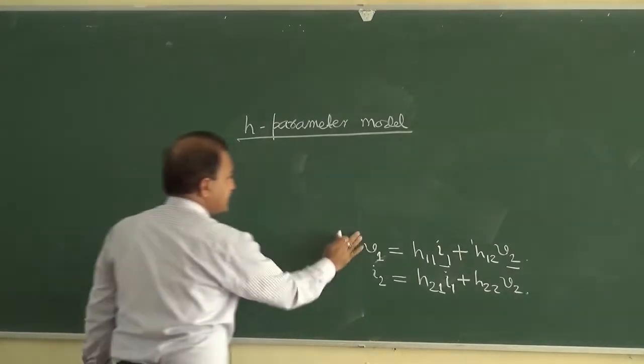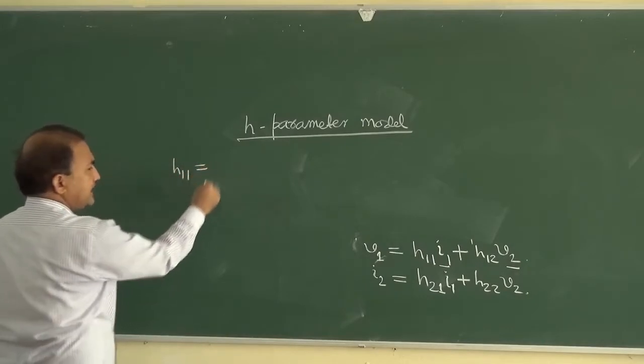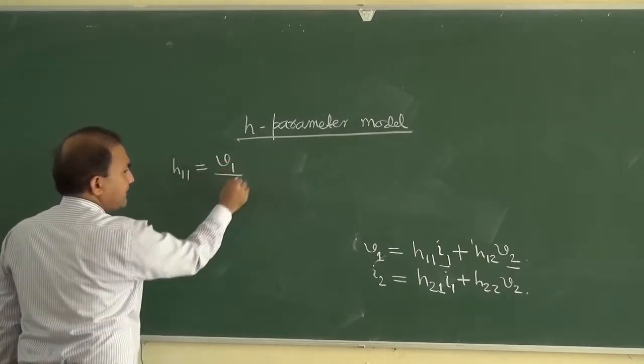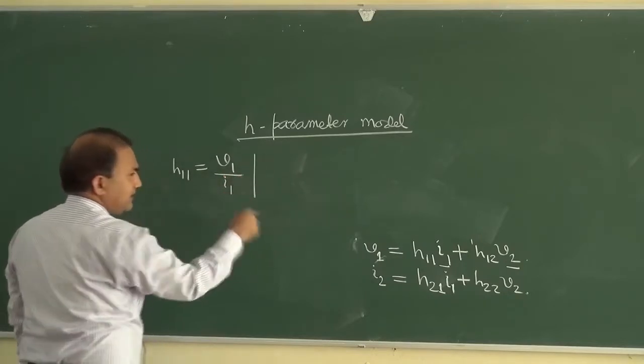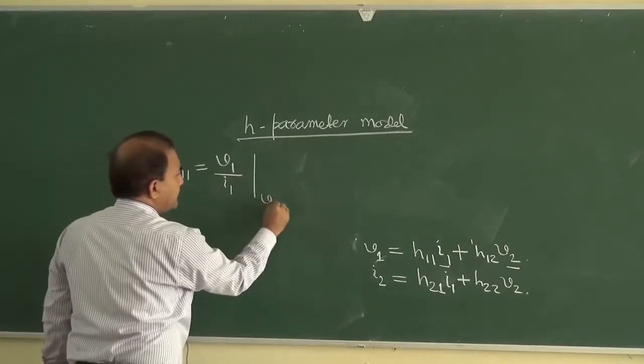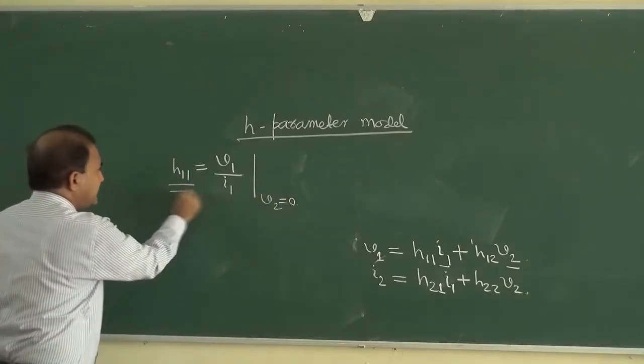From these two equations, how can we express H11? H11 is equal to V1 divided by I1 when V2 is equal to 0. So what is this H11?